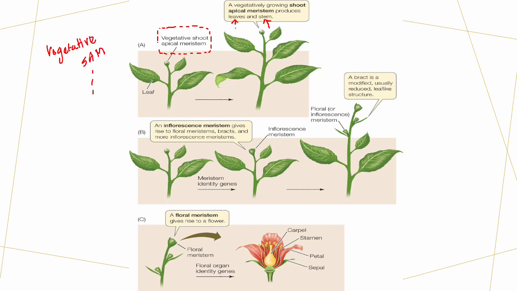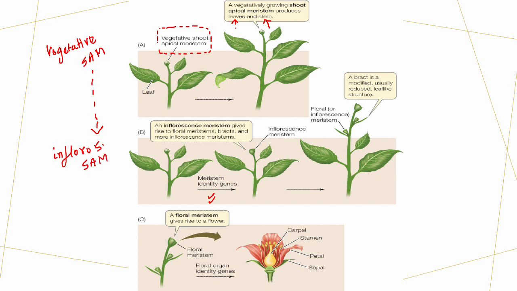The next thing is that this vegetative SAM changes its identity with the help of certain genes called meristem identity genes. Please remember that the cells of the SAM are undergoing changes because a set of genes are activated. Those genes are known as meristem identity genes, and then the vegetative SAM gets converted into the inflorescence SAM, or shoot apical meristem.